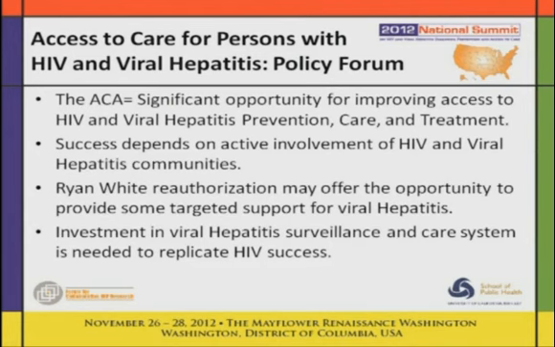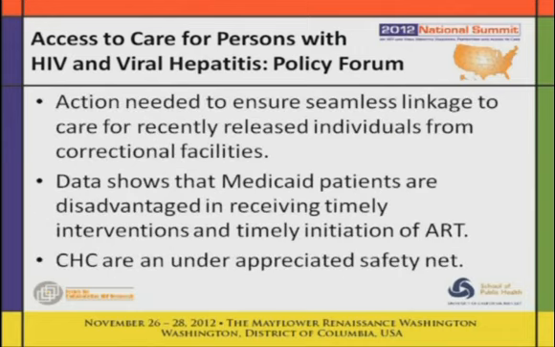Success depends on active involvement of HIV and viral hepatitis communities. Ryan White reauthorization may offer the opportunity to provide some targeted support for viral hepatitis, which was good news. And also investment in viral hepatitis surveillance and care systems is needed to replicate the HIV success that we've seen so far.